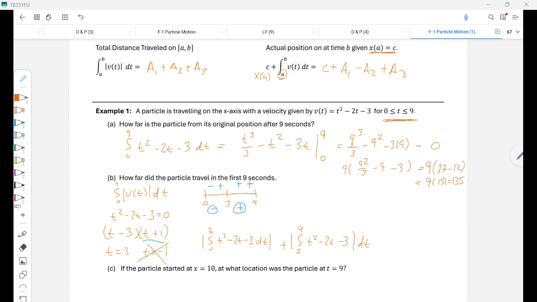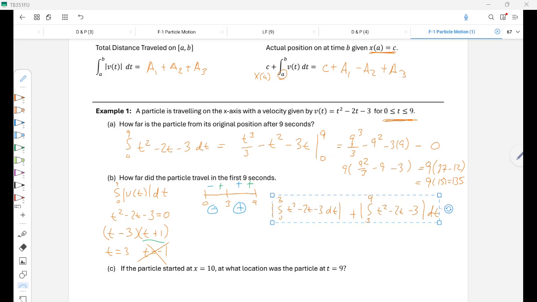There's only one number that we don't know here, and that is going to be our integral evaluated at 3, right? So we need to know what that is, because we know what we get when we plug 0 into the antiderivative, and we know what we get when we plug 9 into the antiderivative.